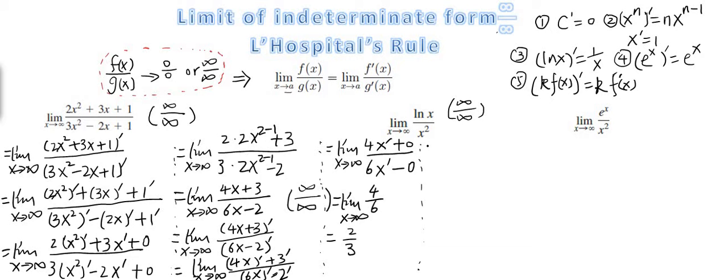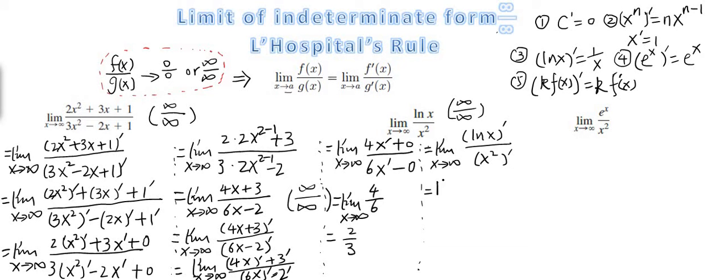Okay, so that means we can use L'Hopital's rule. L'Hopital's rule means when x approaches infinity, we can do the derivative for the numerator, and we can do the derivative for the denominator.